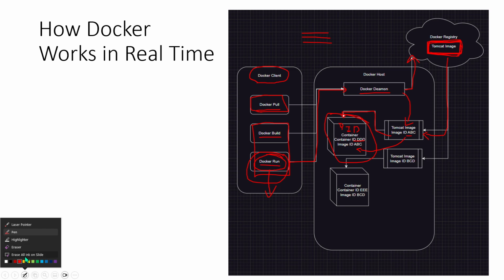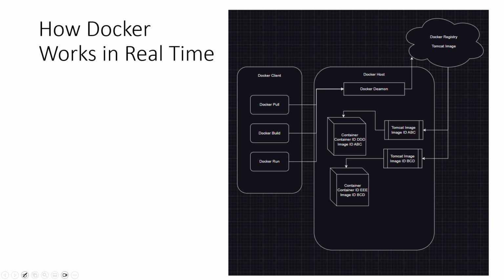Now, the second concept which we have seen is basically building your own image for a customized version of HTTP. In that situation, what you need to do is run Docker build. First, you need to specify what kind of build you need. So you have to open a file called Dockerfile, capital D Dockerfile.